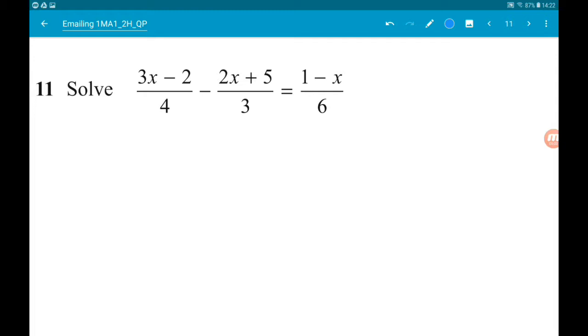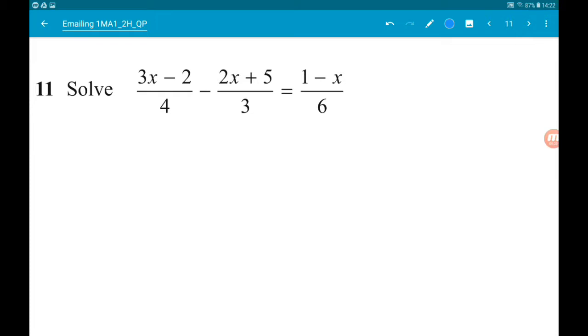Okay, number 11, one says to solve (3x minus 2) over 4 minus (2x add 5) over 3 is equal to (1 minus x) over 6. Okay, so there's quite a few different approaches we could take.